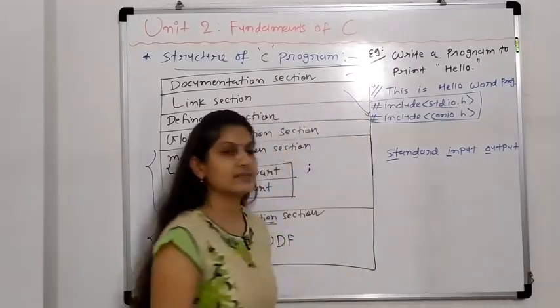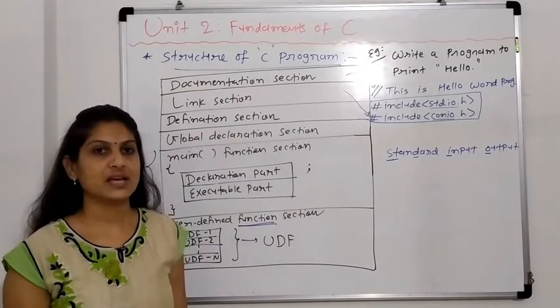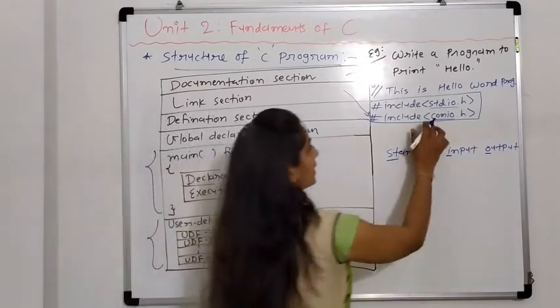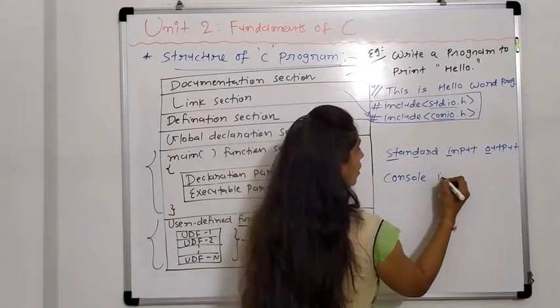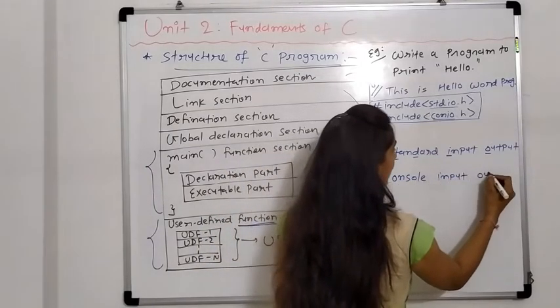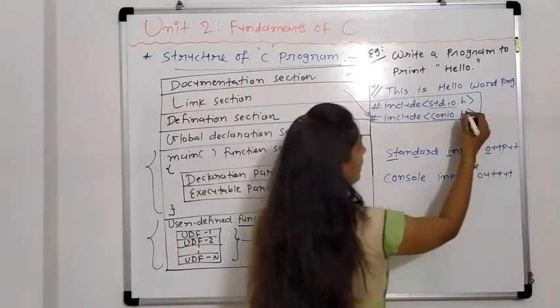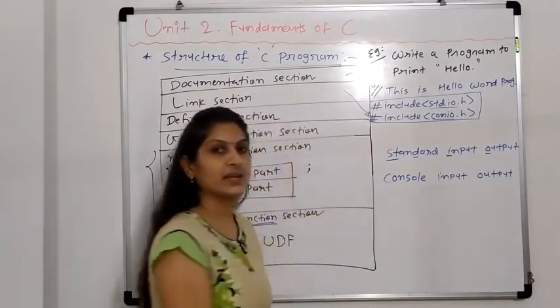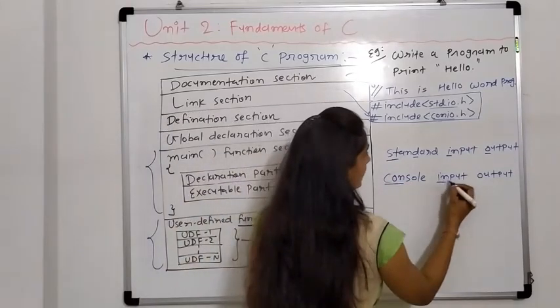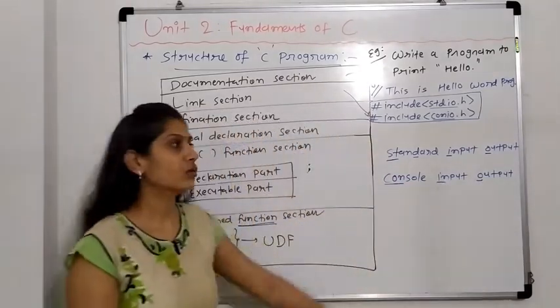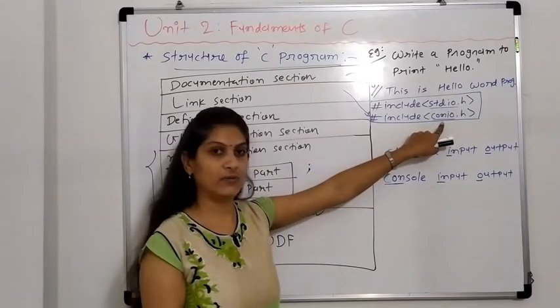That is the full form of stdio.h. Second is conio.h, whose full form is Console Input Output Header File. The .h again indicates it is a header file.